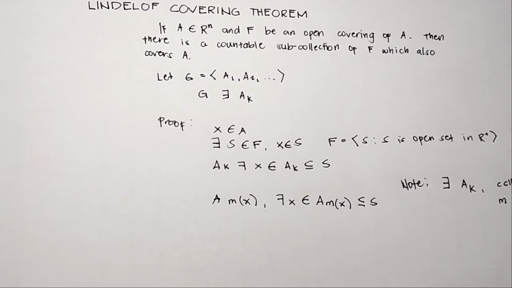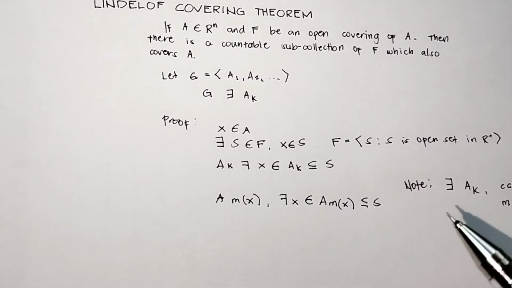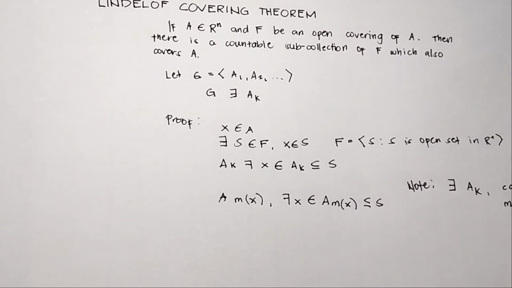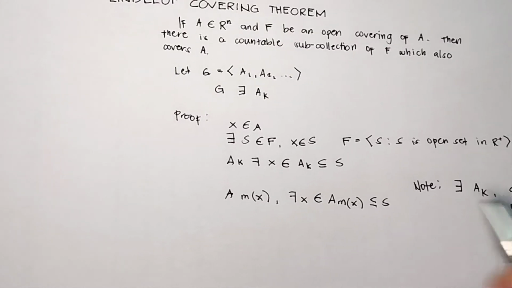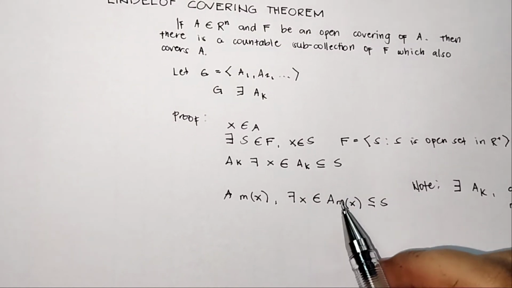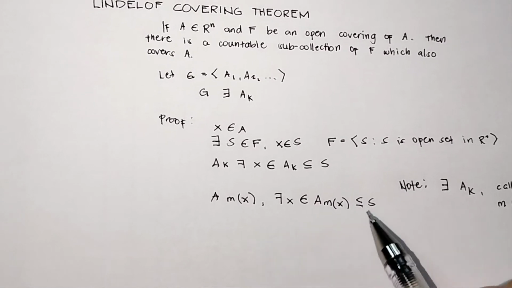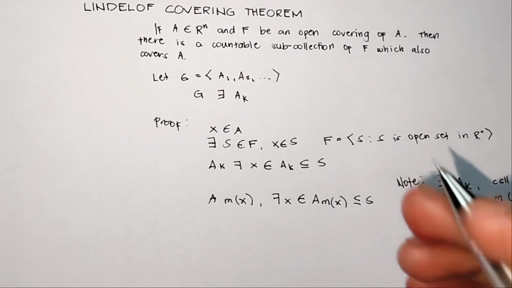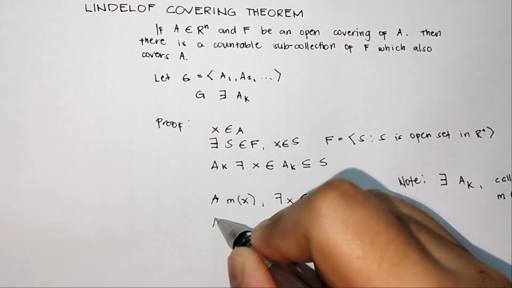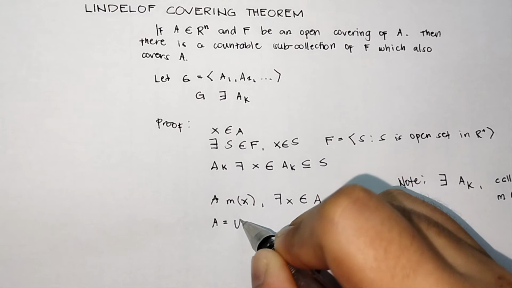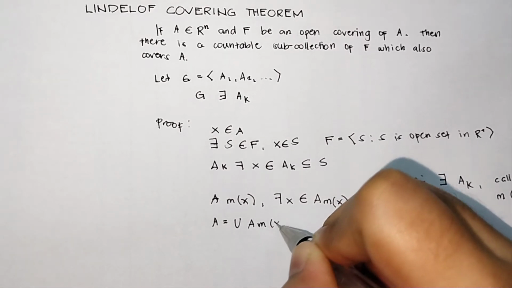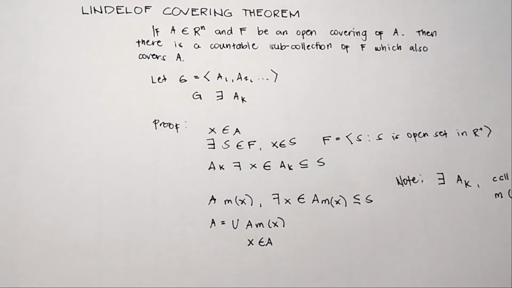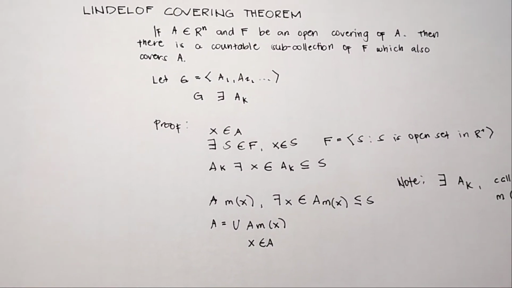So we know that A_K is equal to A_{M_x}, such that x belongs to A_{M_x}, a subset of S. Then, right, A is equal to the union of A_{M_x}, where x is an element of A. So A is equal to the union of all A_{M_x}.